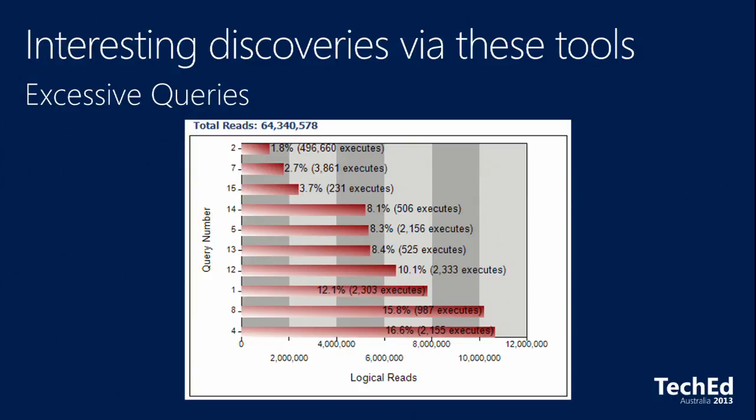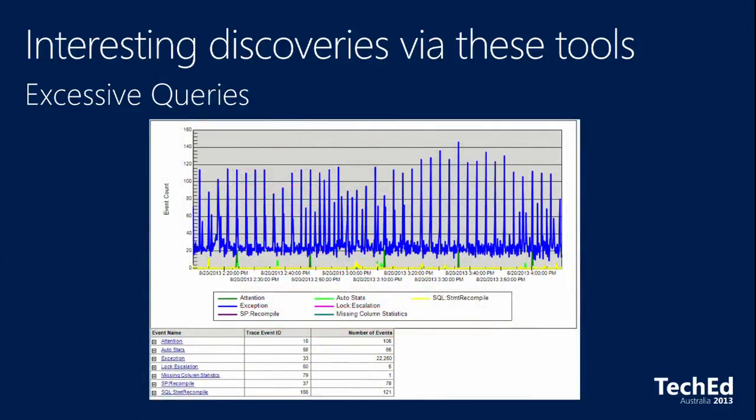Sometimes it's not as obvious as that. Similar to my charts before, you have to pick an individual query out and start to dig through, pull it into Management Studio, have a look at the execution plan and go through further. There's still cases where we'd probably look at other reports. Some of the other reports I didn't show, but you can dig into information around the sort of events that are happening on the server as well.